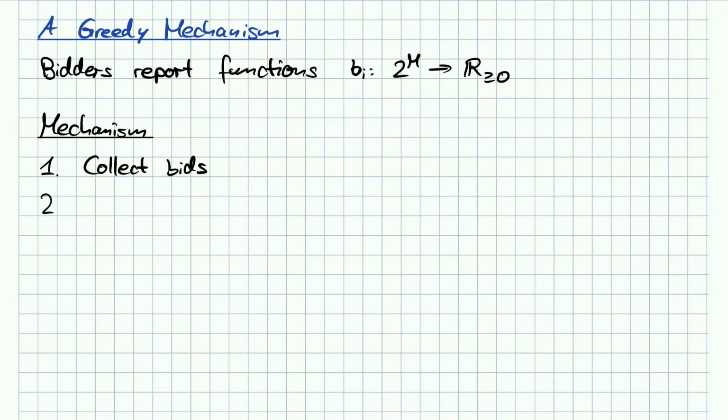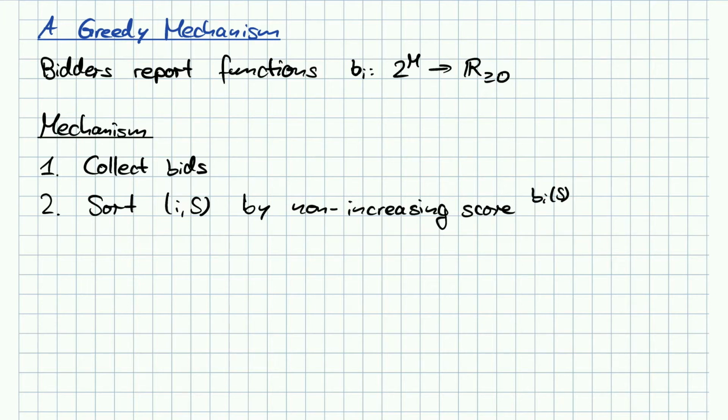Then we'll sort pairs (i, S) by non-increasing score b_i(S) divided by the square root of the size of S.